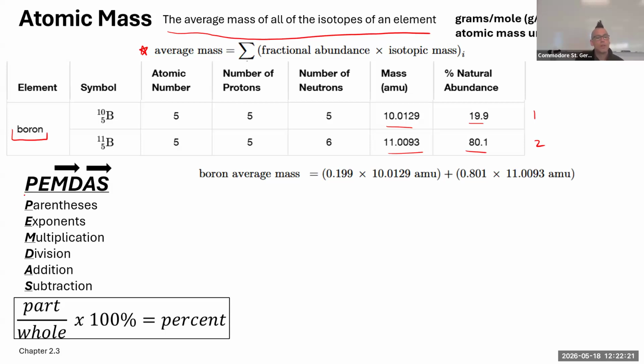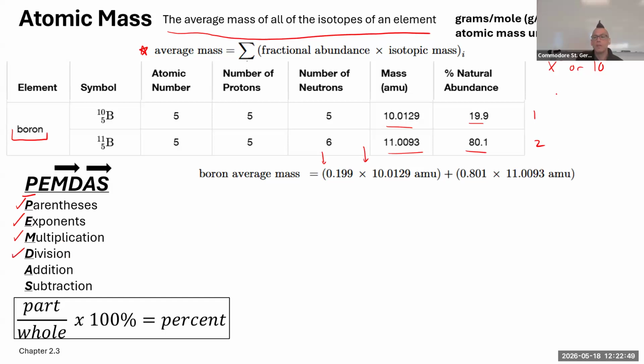Here we're going to start with an acronym called PEMDAS. P is for parentheses. You can see the parentheses here. E is for exponents. That's something like x squared or 10 to the 5th, right? It's that number up there. Multiplication, that's kind of common. The x is a symbol for multiplication.